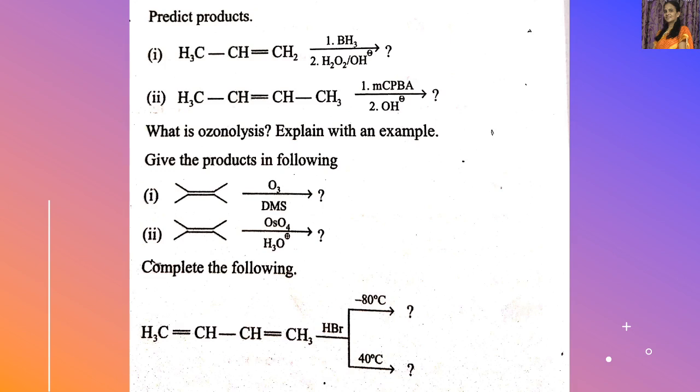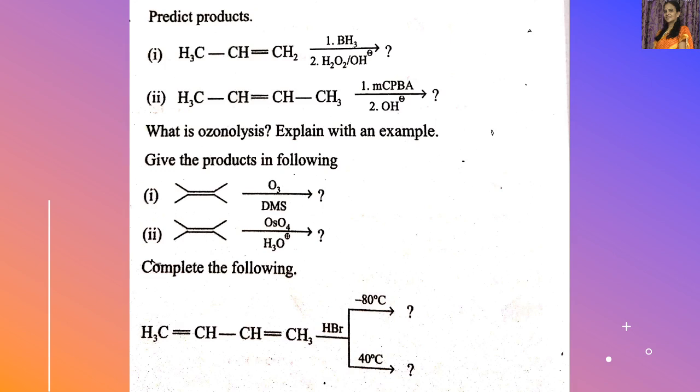And the next one is ozonolysis. Reaction with simple reducing agents like dimethyl sulfide or zinc. Here we should predict the products of ozone and dimethyl sulfide. Here the bond breaks and one oxygen goes here, another oxygen here. So 2 moles of acetone we get.